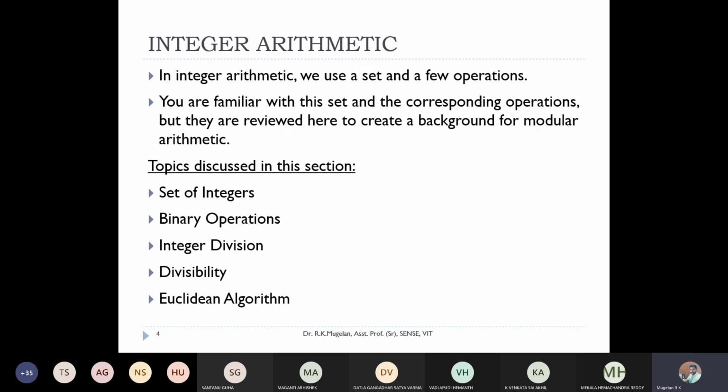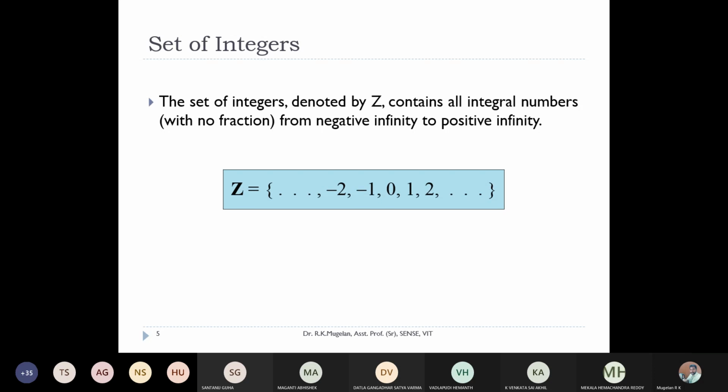To start off, we'll go with integer arithmetic. I'm starting from school math. First of all, what do we mean by the set of integers? In this module hereafter, whenever I say Z, Z denotes the set of integers, from plus infinity to minus infinity.